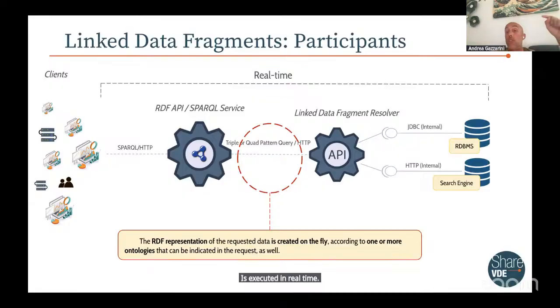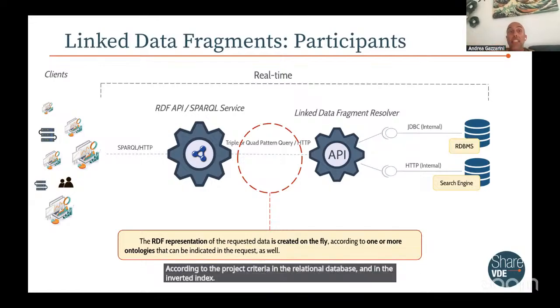So there's no need to store the RDF natively using an RDF store, but data is organized according to the project criteria in the relational database and in the inverted index.